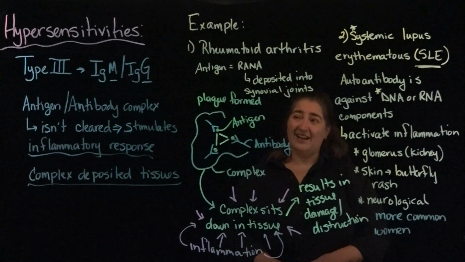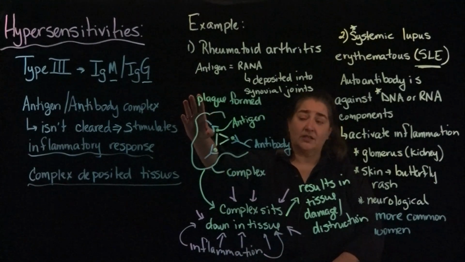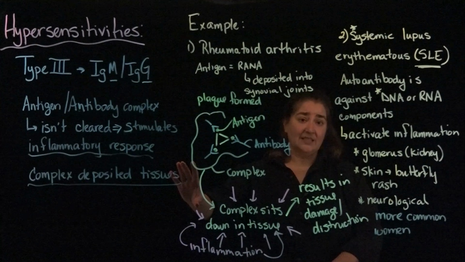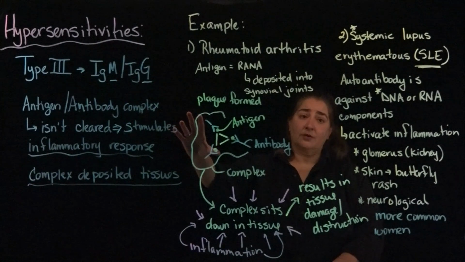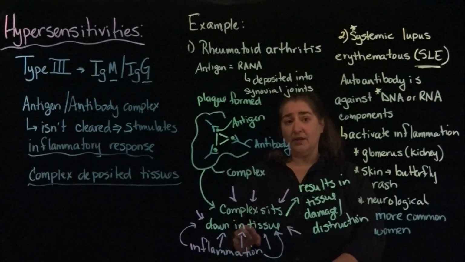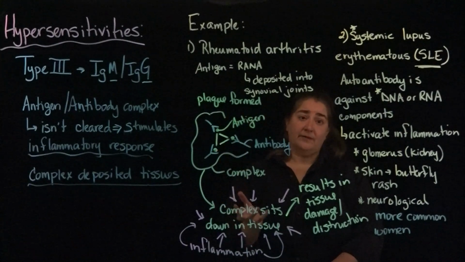But one of the things that I find interesting, rheumatoid arthritis can strike individuals in their 20s or teens. Women who have rheumatoid arthritis, if they become pregnant, their rheumatoid arthritis symptoms go away.